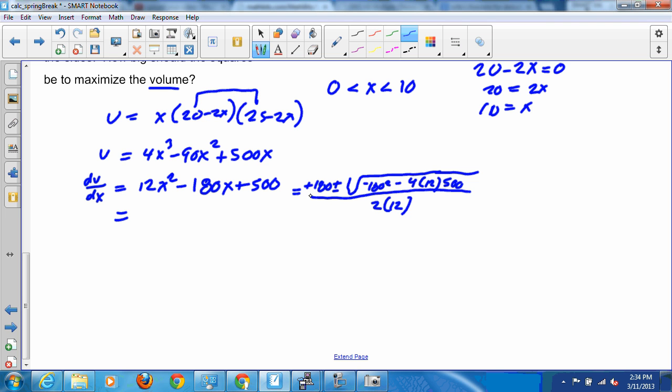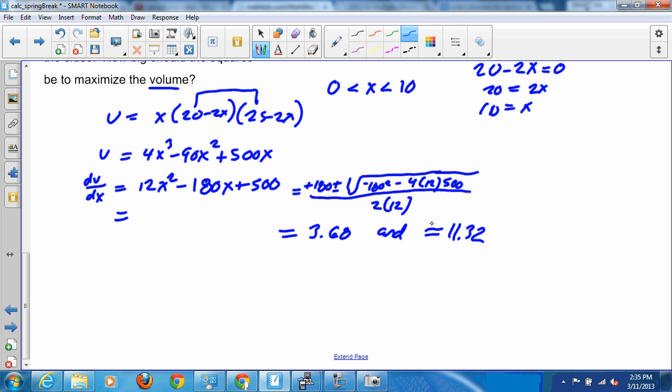I've already done this. Basically, you plug this into the calculator to come up with the two roots, or the two critical values. We get 3.68 approximately, and the other one is 11.32 approximately.